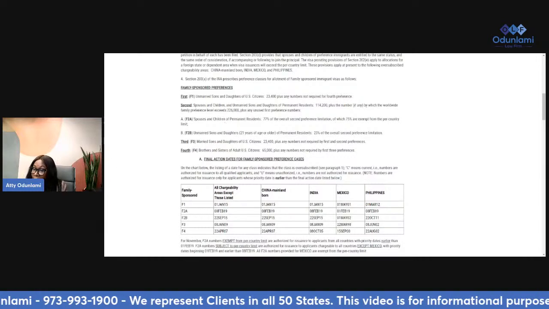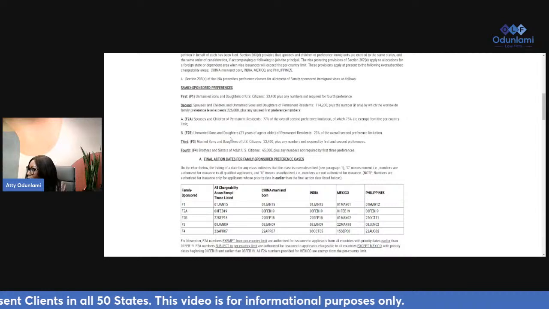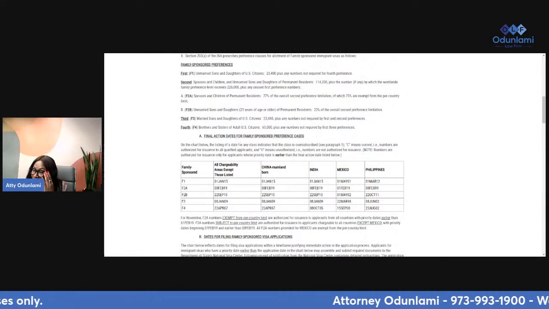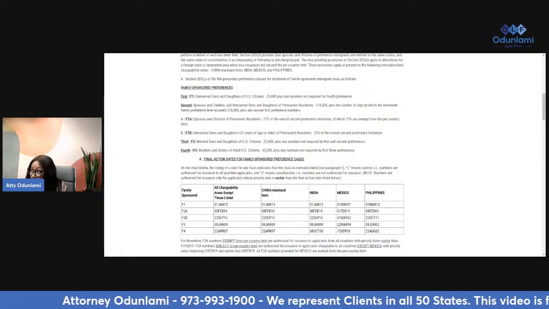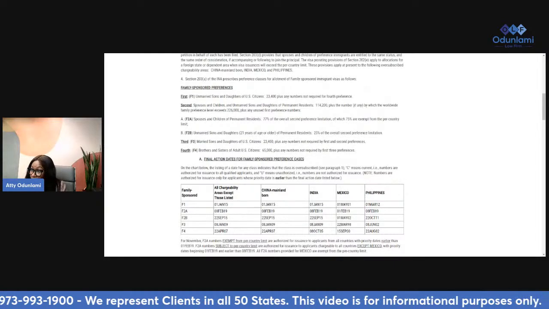But what I want you guys to know is this. If you're a green card holder and you become a citizen, you have a right to opt out. Opt out means you have a right to choose whether to remain in the F2B category if it's quicker, or move to the F1 category if it's quicker.